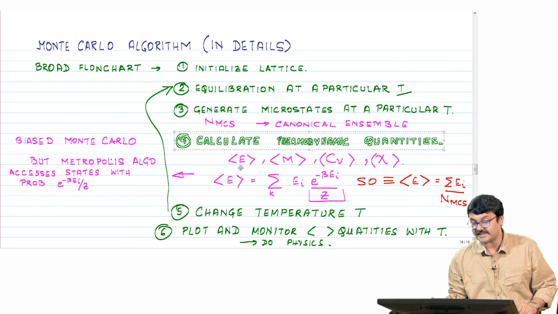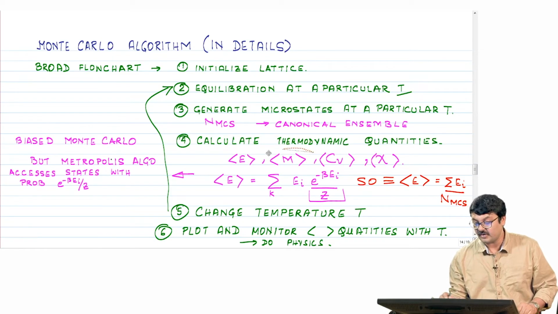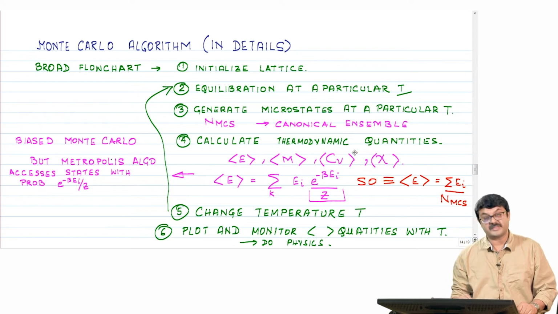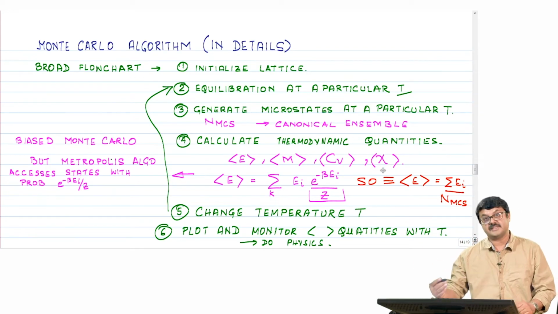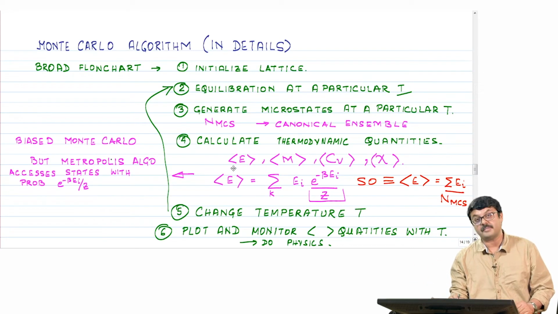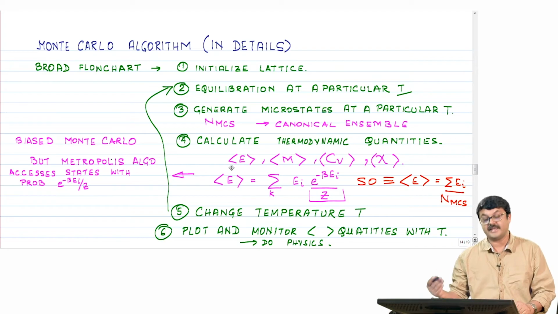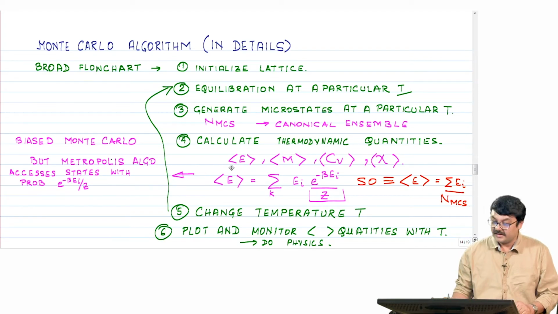Thermodynamic quantities like the average energy, say, or the average magnetization, or the average C_V being the specific heat capacity, or the susceptibility, the average values. These angular brackets imply average over different microstates. You are taking basically an ensemble average, right.